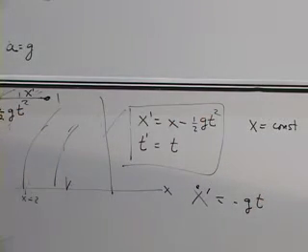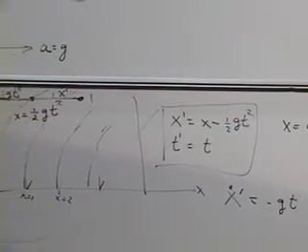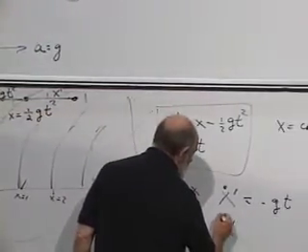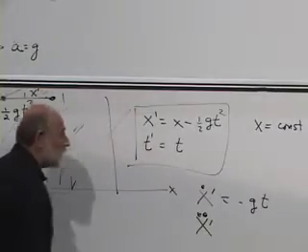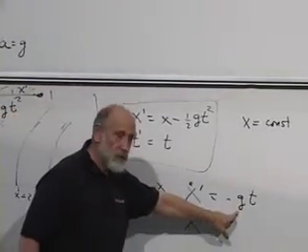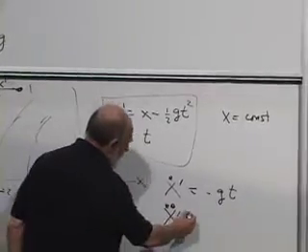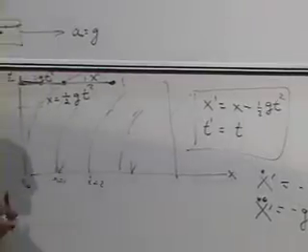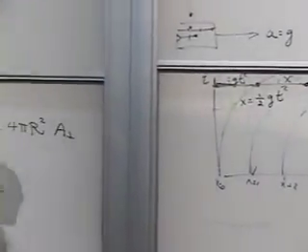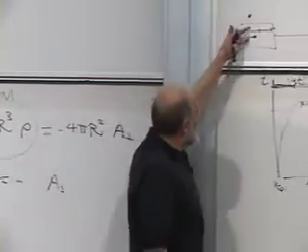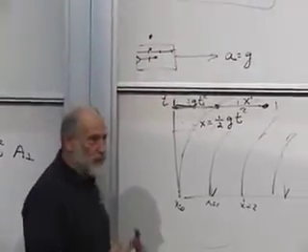But I'm interested in the acceleration that the observer in here sees, so I differentiate it again. X prime double dot, the acceleration seen from inside here. What do I get when I differentiate it once more? Just minus g. This is a mathematical statement of the simple, trivial observation that acceleration works the same way as gravity.